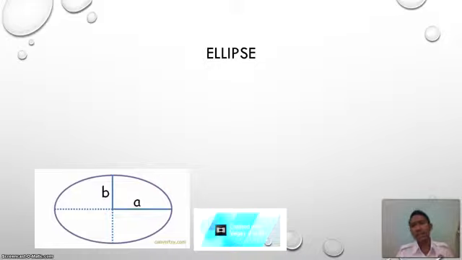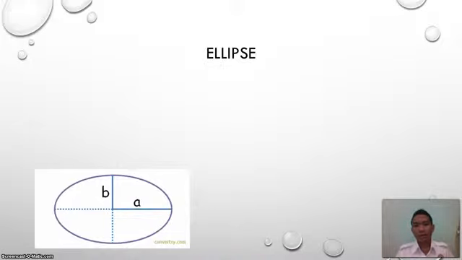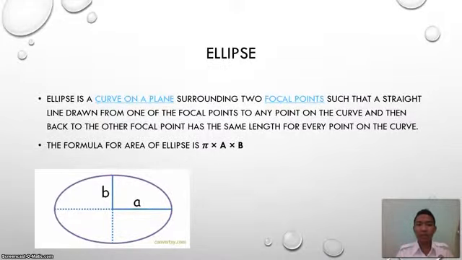The last shape that we research is ellipse. So what is ellipse? Ellipse is based on the oval shape, and ellipse is a curve on a plane surrounding two focal points, such that a straight line drawn from one of the focal points to any point on the curve and then back to the other focal point has the same length for every point on the curve.